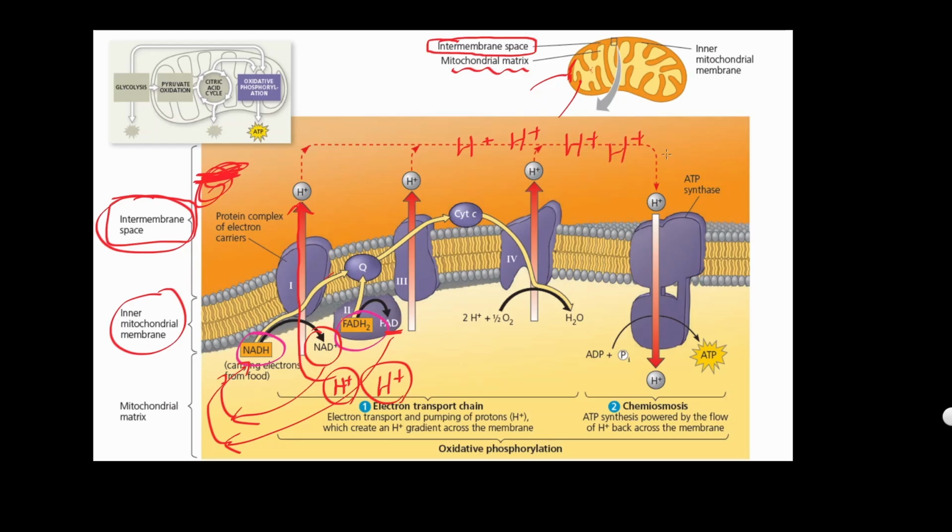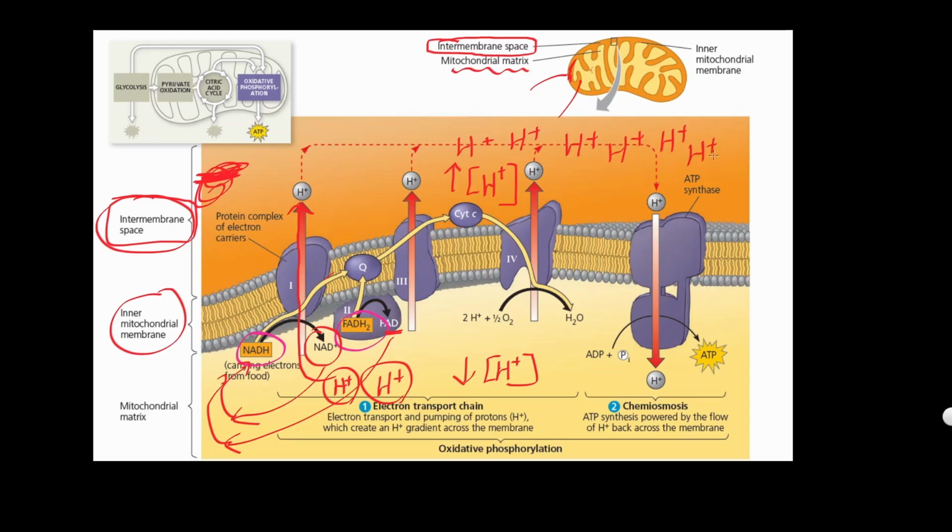There'll be so many protons here compared to the matrix inside. You have a low concentration of H plus compared to a high concentration of H plus. And that is going to create something called chemiosmosis, a proton gradient here.